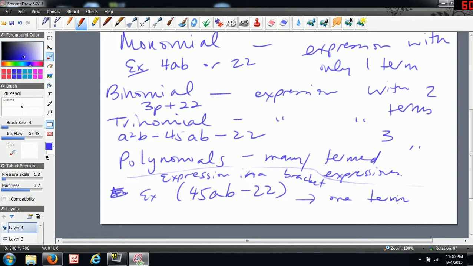So as soon as it goes into a bracket, it's grouped as one term. So that's something to keep in mind, okay? If it was outside of brackets, this would be two terms, but because it's inside of a bracket, it is considered one term. Okay, so that's important to keep in mind.